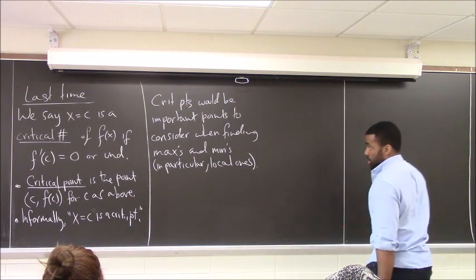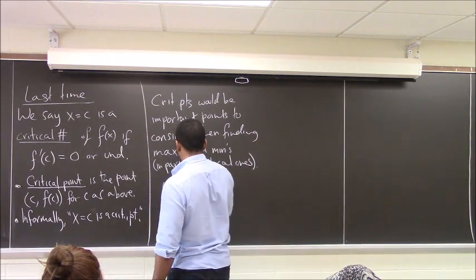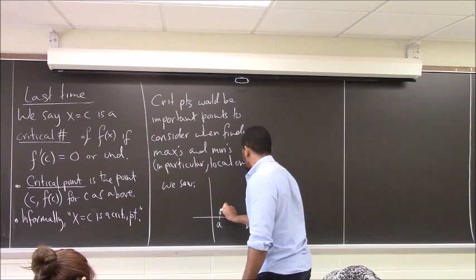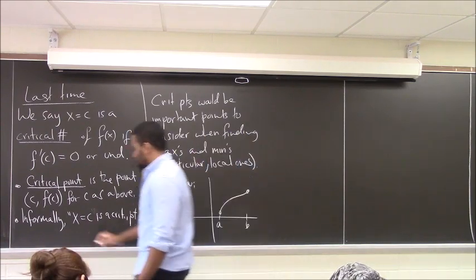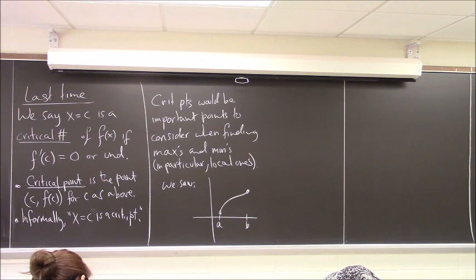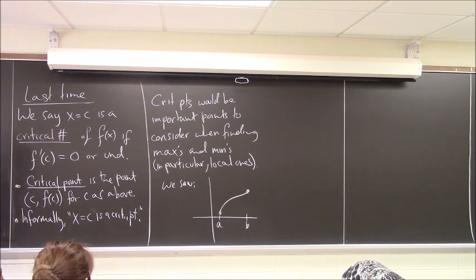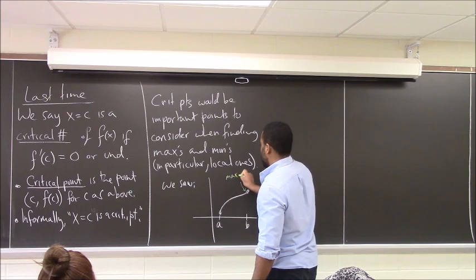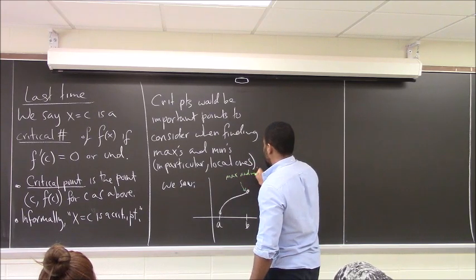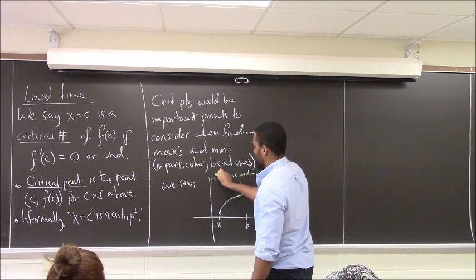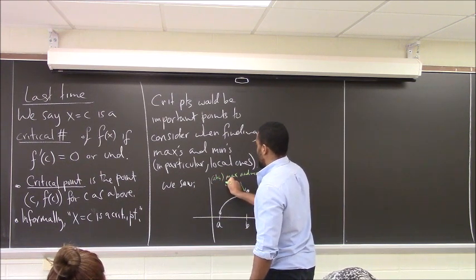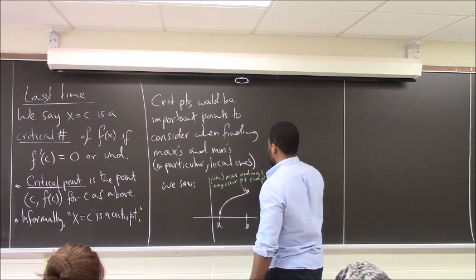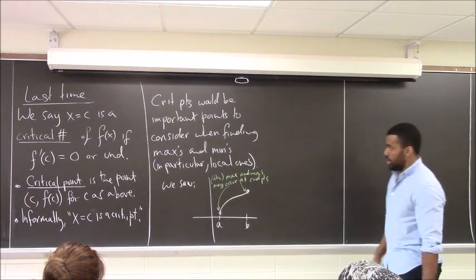We also saw examples last time of graphs behaving sort of like this. If you're on a given interval, it turns out the maximum point might be a coordinate where the derivative is neither 0, nor does it even make sense to talk about a derivative at the endpoint. So maxes and mins, to be more specific, the absolute kind, may occur at endpoints, as in an example that I drew last time.